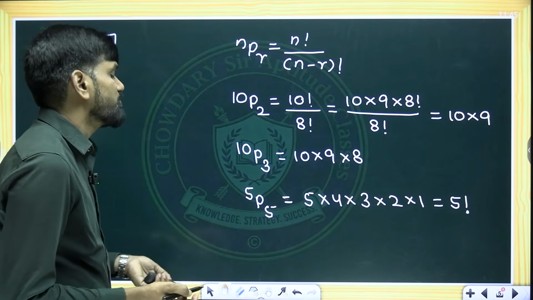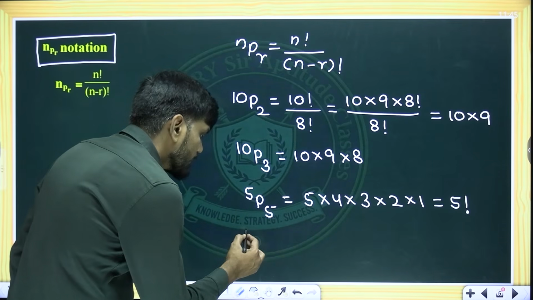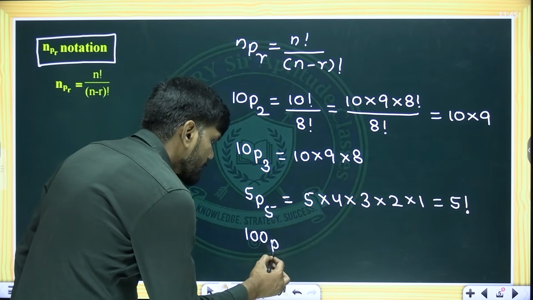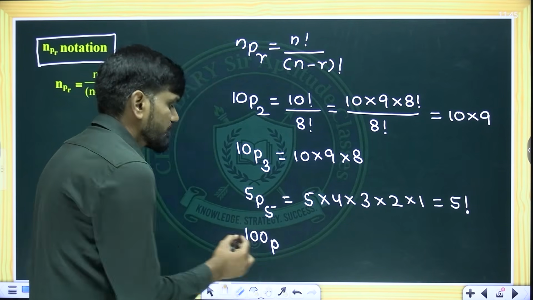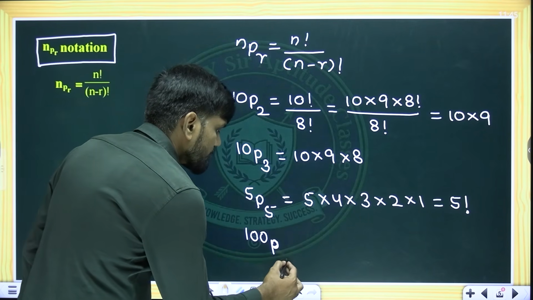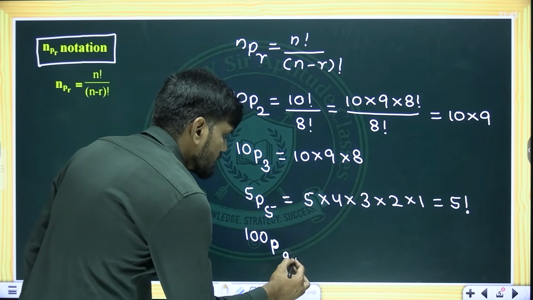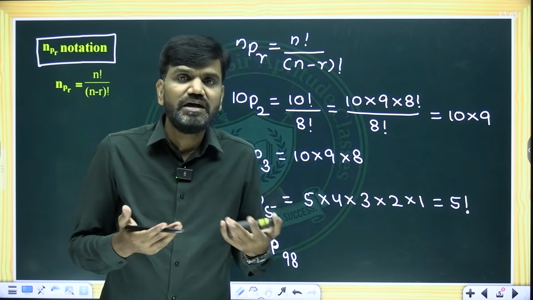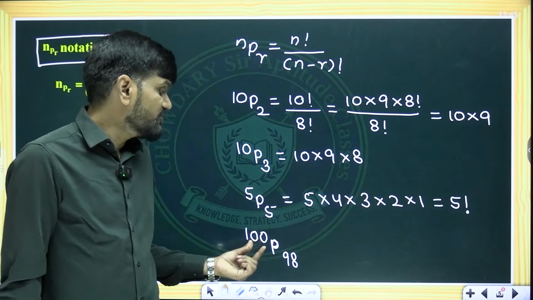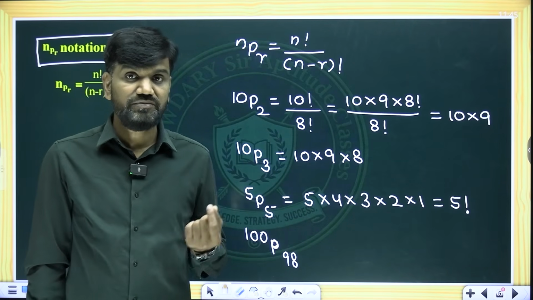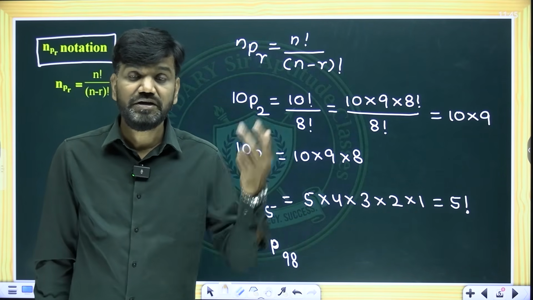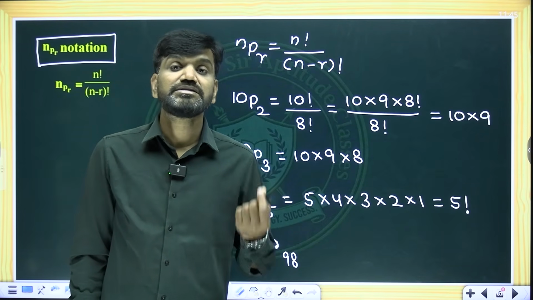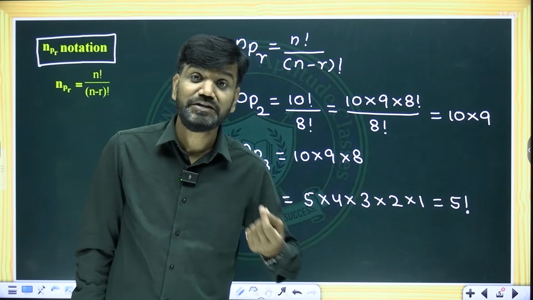Now when you have something like 100P98, they will never give you an expanded answer in the exam because this is such a big value. 100P98 means start with 100, write 98 numbers: 100 into 99 into 98 into 97 into 96 into 95 into 94 and so on, 98 numbers.